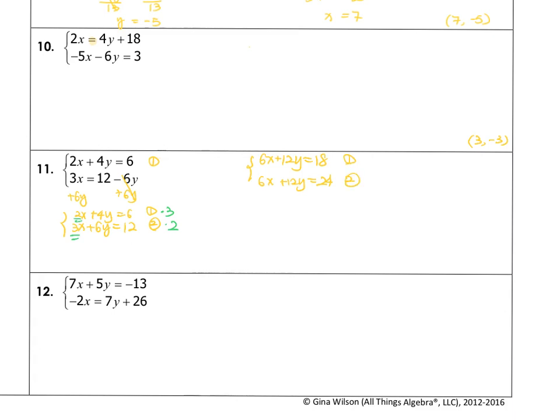And now if I change the signs on every term, and then I add them together, first equation plus second equation, I cancel that. I cancel that. So on the left-hand side, I have 0. On the right-hand side, I have negative 6.